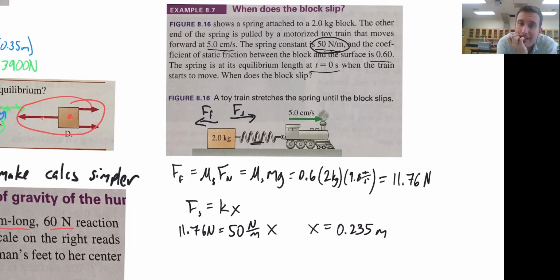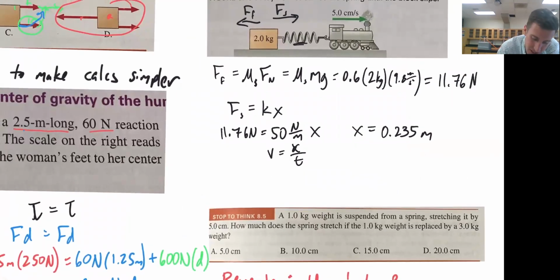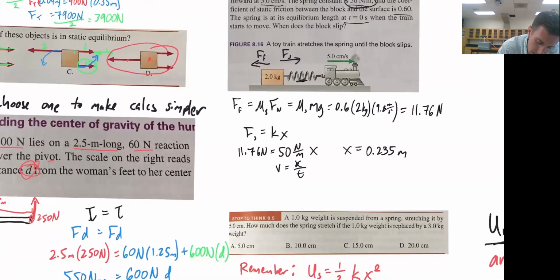Now, I know that it's moving at 5 centimeters per second. So velocity is equal to distance over time. And I'm going to convert everything into centimeters just because it seems easier. So I've got 5 centimeters per second equals 23.5 centimeters.